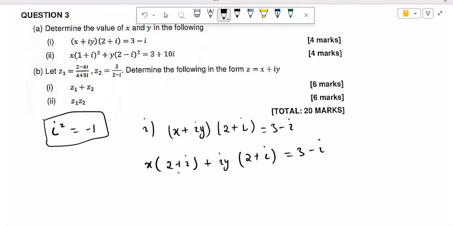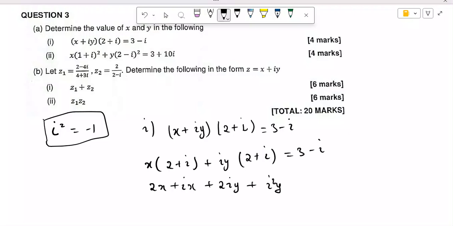So x by 2 will be 2x, plus x times i is ix, plus iy by 2 will be 2iy, plus i by i will be i squared, then there is y.